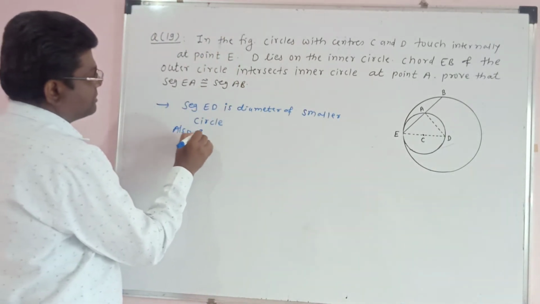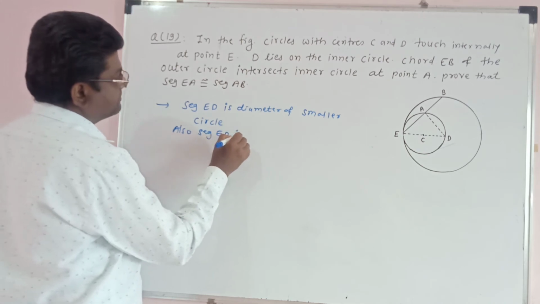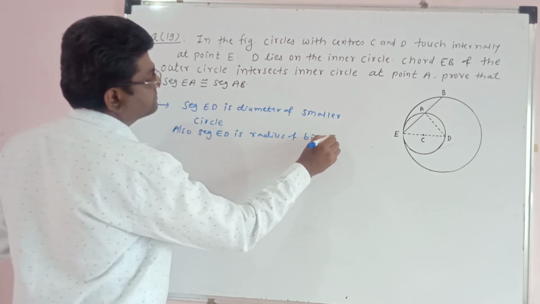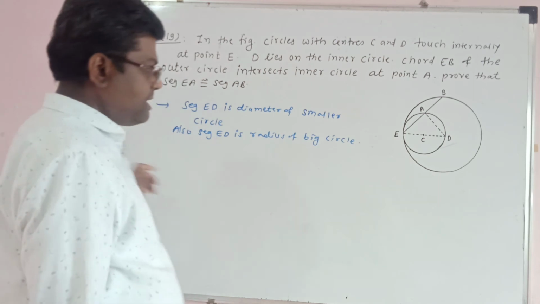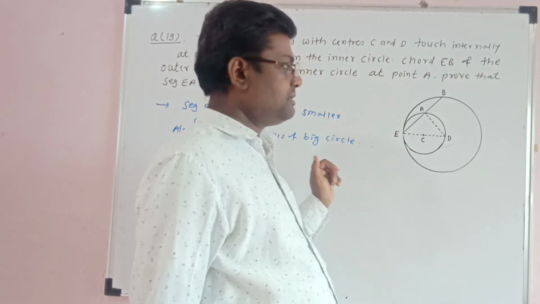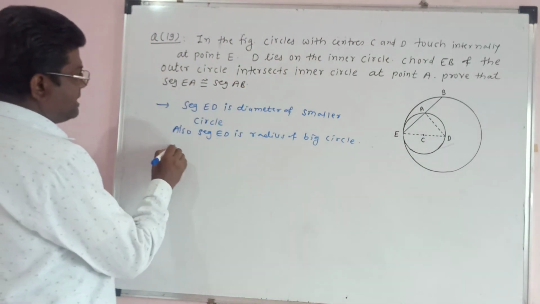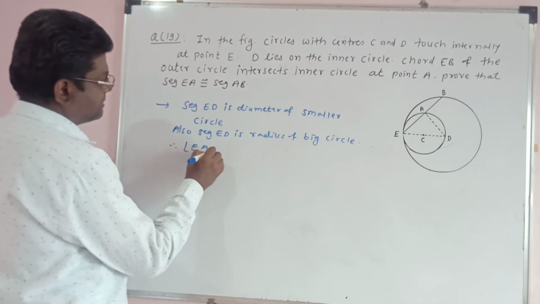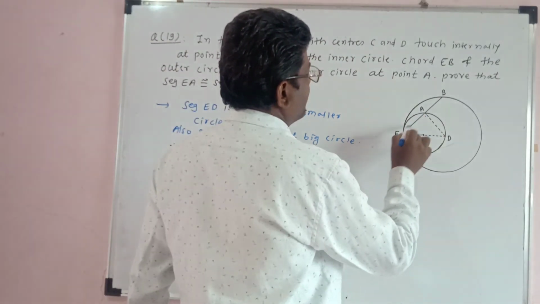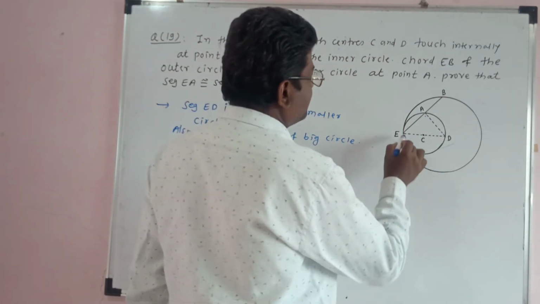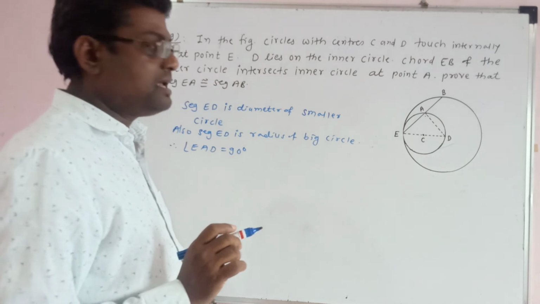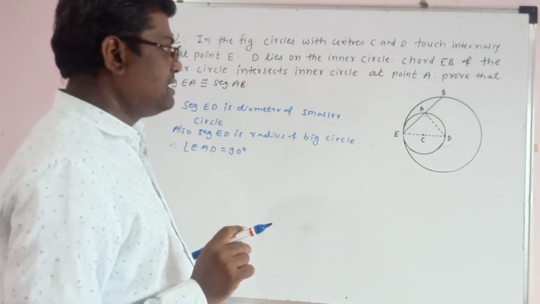Also, segment ED is the radius of the big circle. Also, it is the diameter of the small circle. Therefore, angle EAD is equal to 90 degrees, because this angle is an angle in a semicircle. Angle inscribed in a semicircle is 90 degrees.